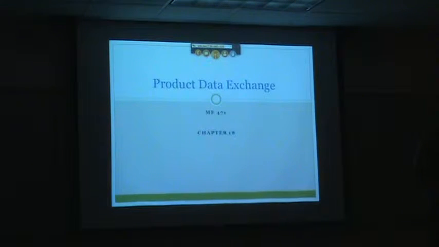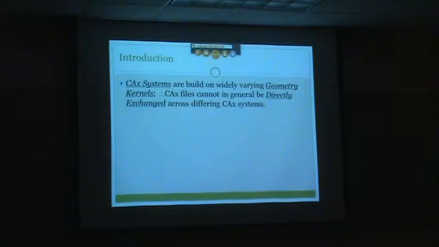It's not a terribly long chapter, but I think there's some very important information contained in the chapter, and it's certainly worth your time reading it. So just as an introduction, I think it should be obvious to each of us that CAX tools are developed on a wide variety of kernels.